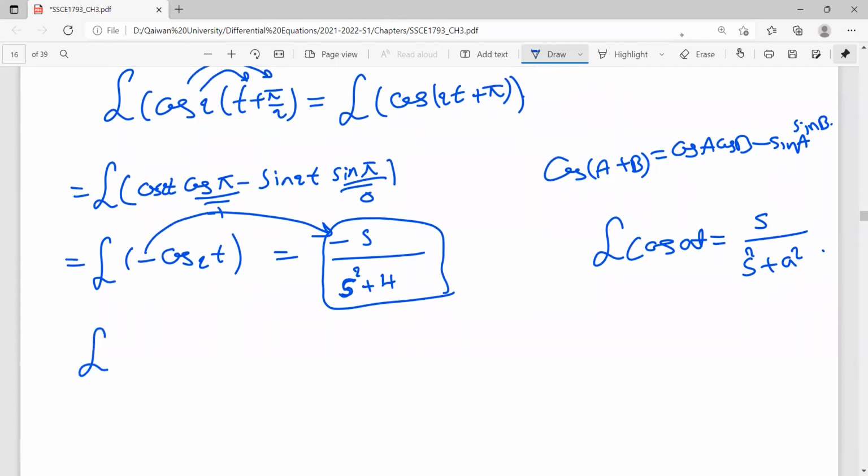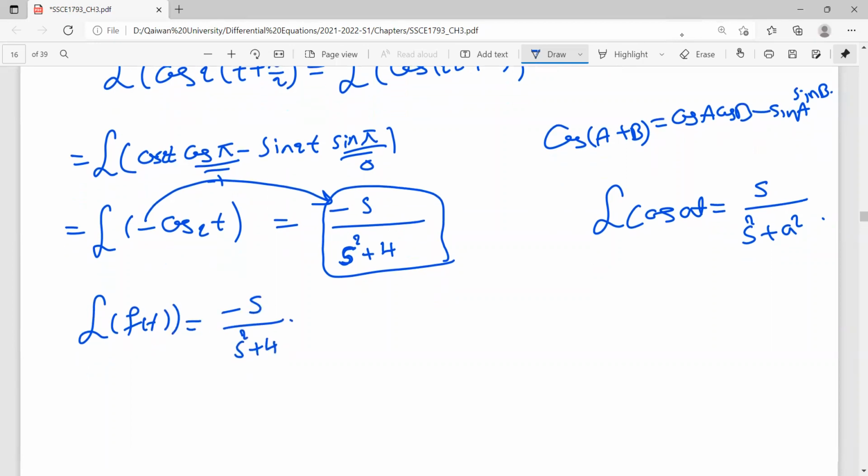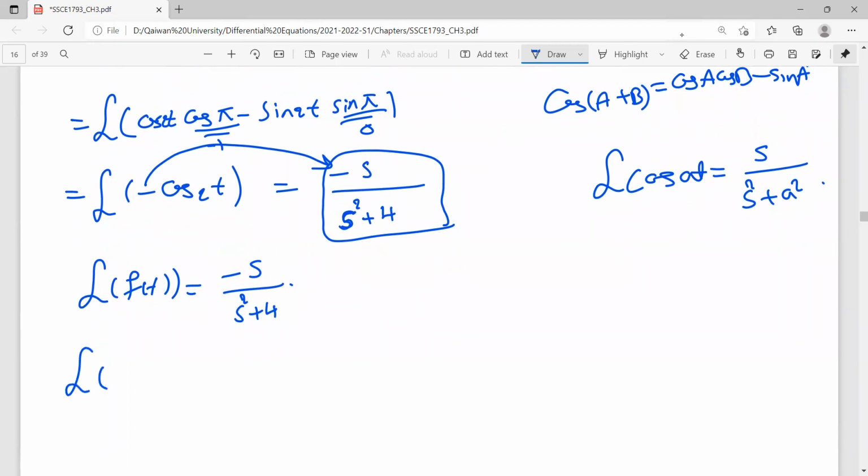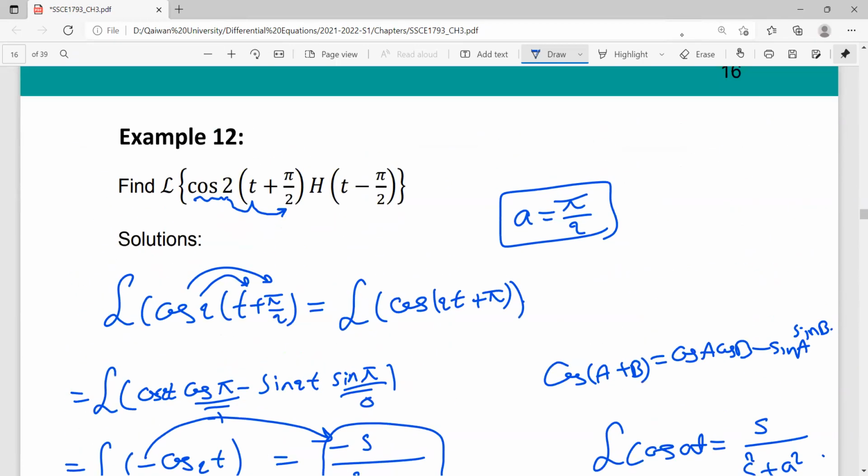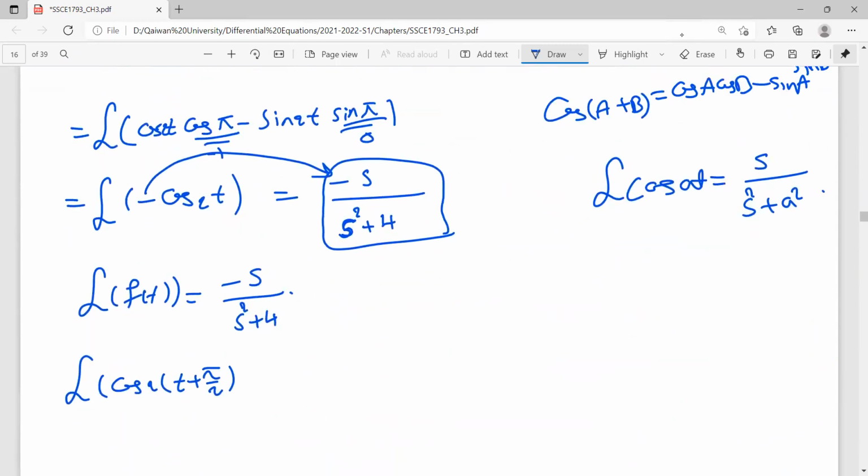So the Laplace transform of f of t is minus s divided by s squared plus 4. And then the Laplace transform of cosine 2 times t plus pi over 2, times h of t minus pi over 2, equals the Laplace transform of f of t multiplied by e to the power minus as.